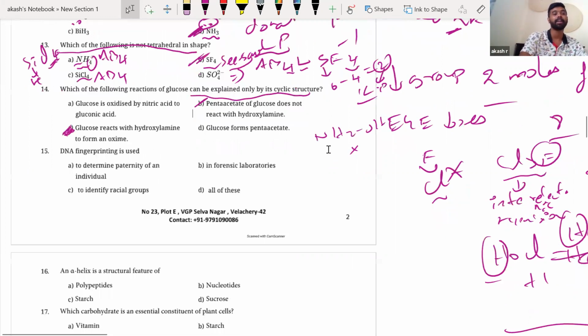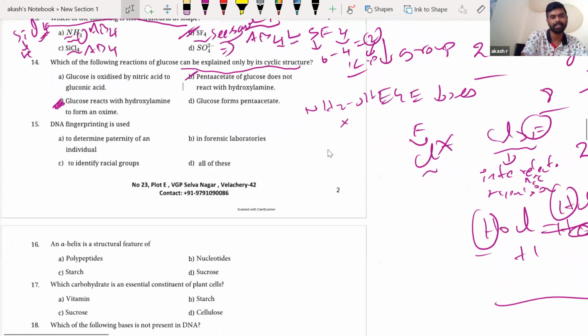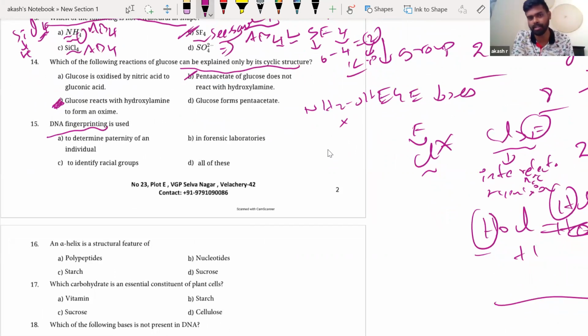Okay, next. DNA fingerprinting. Even though this was not taught to you, I don't know whether the other sir who taught you covered it. DNA fingerprinting, we know, right? What do we use it for? Determining the paternity of an individual. For example, say a lady got pregnant and a baby is born, and two males are both claiming that it is their baby.